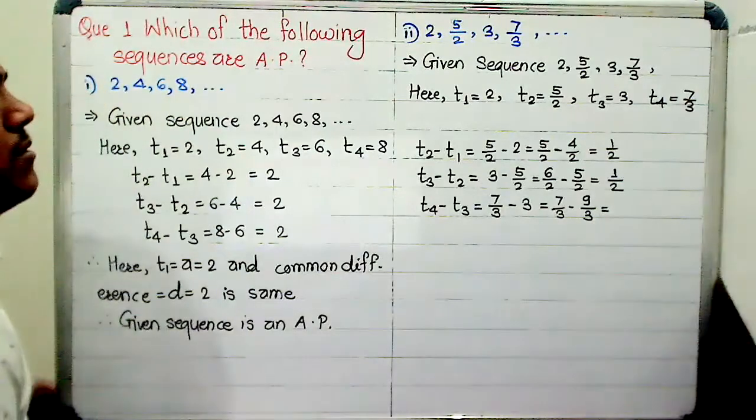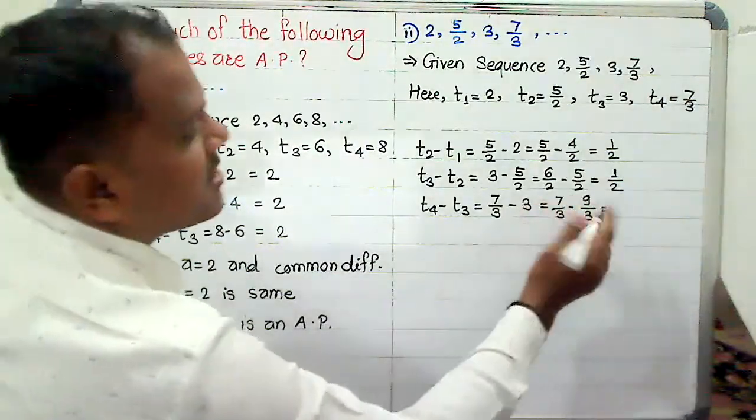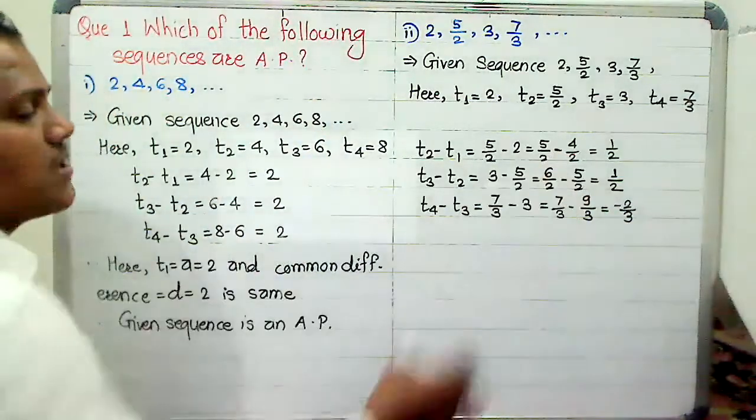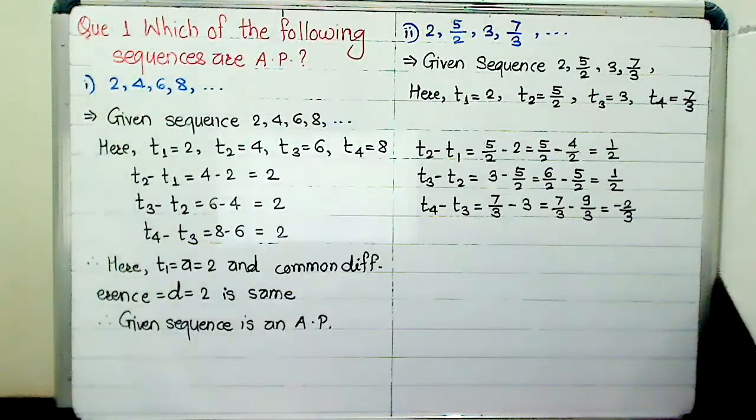This subtraction 7 minus 9 will be minus 2, with the denominator as it is. If you observe carefully, the difference between two consecutive numbers is not the same here.